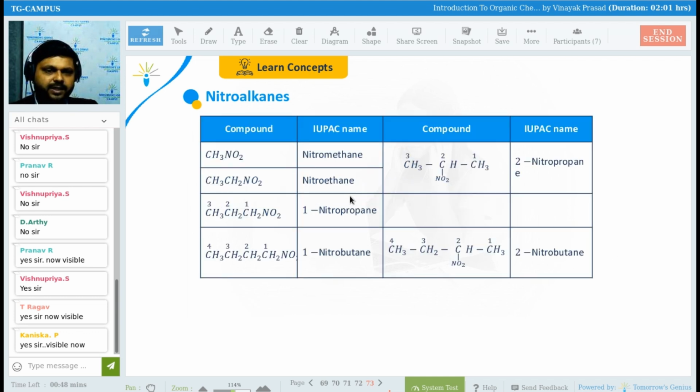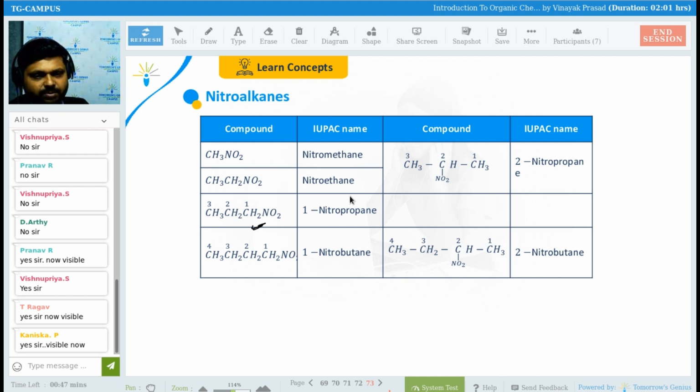Okay. Now see the name for this. So CH3NO2 is there. So the IUPAC name will be what? Nitro, see, based on the number of carbon we will be saying the name. This one, 3 carbon is there, so nitropropane.